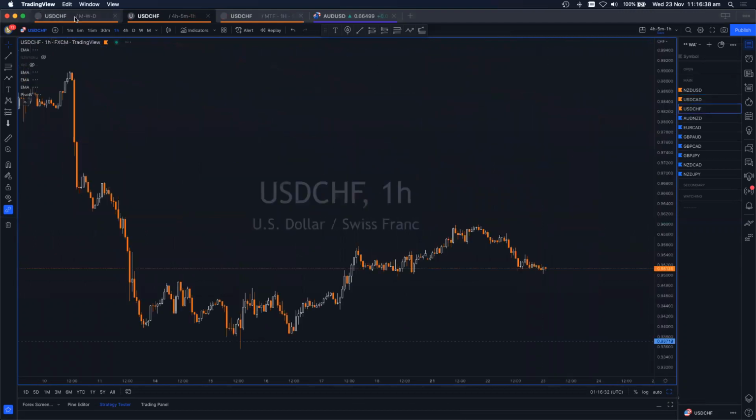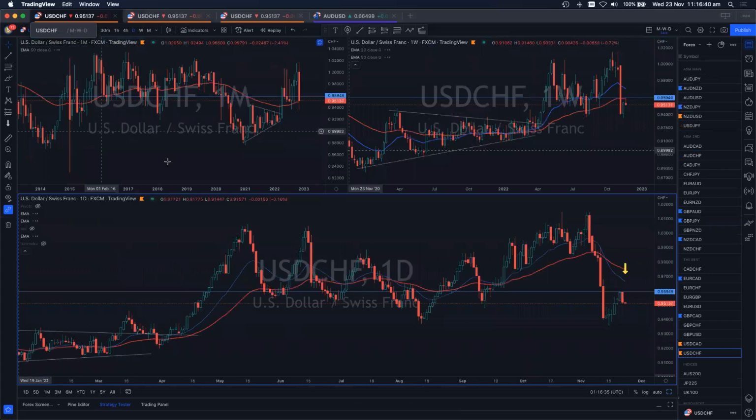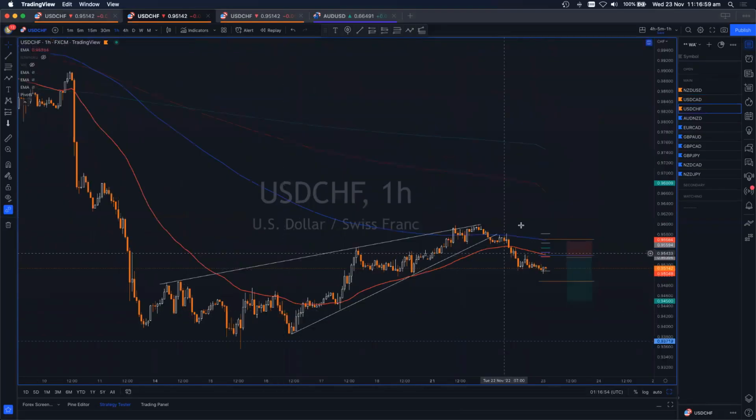Dollar Swiss, not too dissimilar at all. Those two often look similar, even though CAD and Swiss are quite different currencies. So again, rejection of this level, which is actually going way back, is a strong resistance level. Bearish day yesterday, looking for bearish pressure to continue.